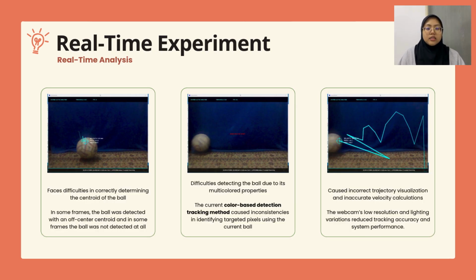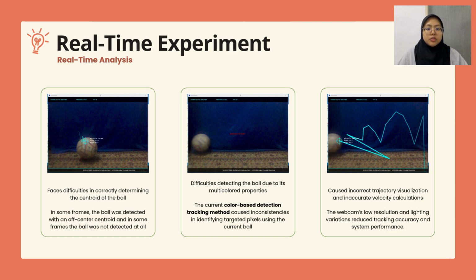For the analysis of the previous real-time experiment, firstly, the system faced difficulties in correctly determining the ball centroid, which is the center, where in some frames the ball was detected with an off-center centroid, while in some frames it was not detected at all. As previously mentioned, some frames did not contain any detection, which is due to the ball's multicolor properties.